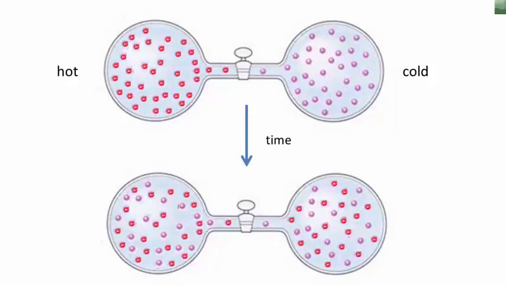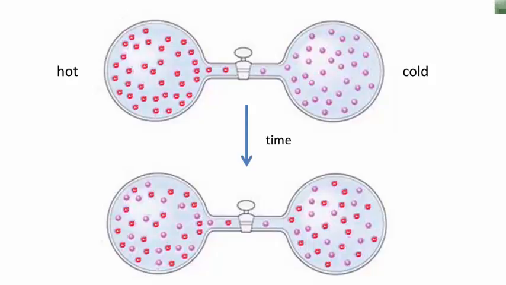Now, there was an interesting thought problem that was discussed for a number of years, in which scientists wondered, what if there was a small devilish creature, and it actually was called Maxwell's demon, a hypothetical creature, that could sit at this valve and could determine which of the molecules were hot, which were cold?